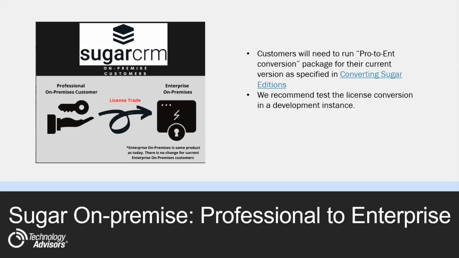And Sugar is still working on publishing a technical guide that gives a lot more detail on moving from Professional to Enterprise. We're keeping an eye out from the development community, and once we see that published, we will make sure to send those links to our on-prem customers. And that's about it.